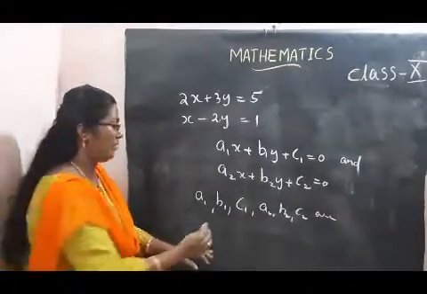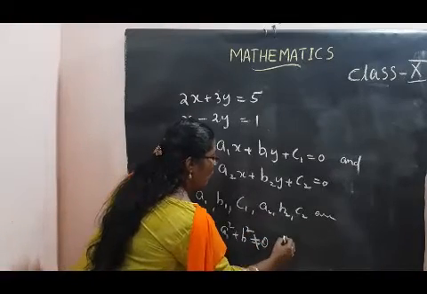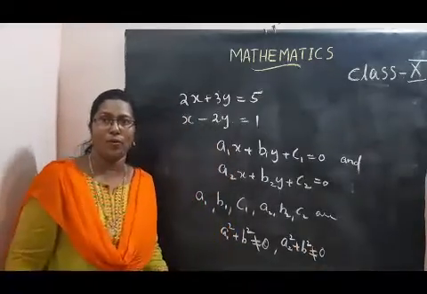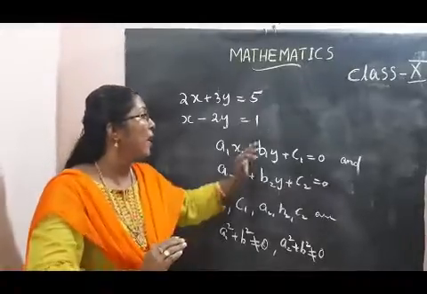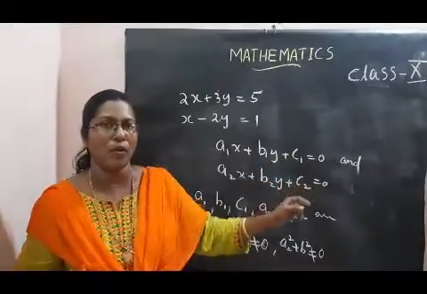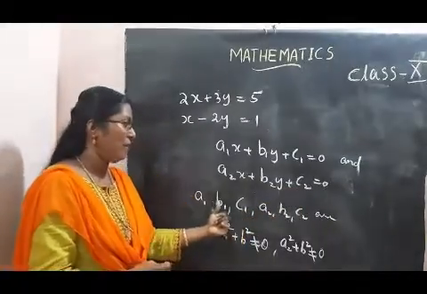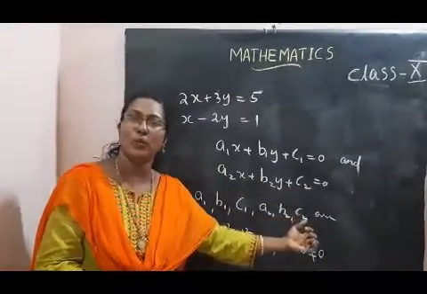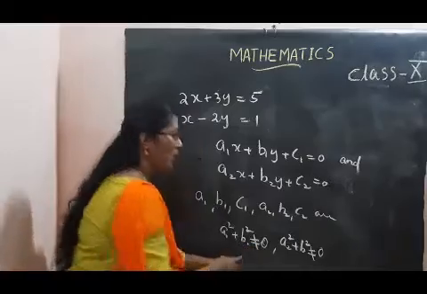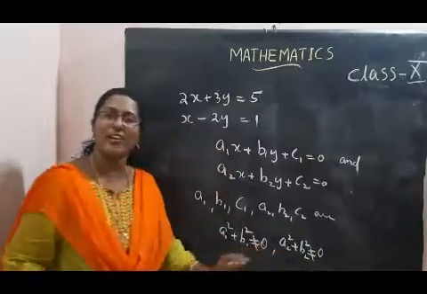And one more condition, a1 square plus b1 square not equal 0, a2 square plus b2 square not equal 0.